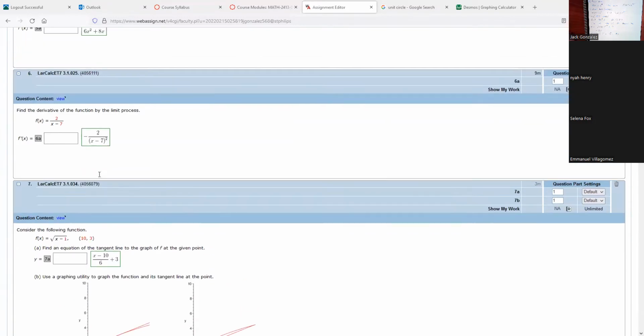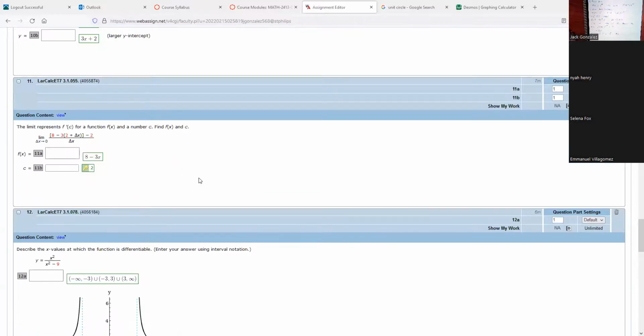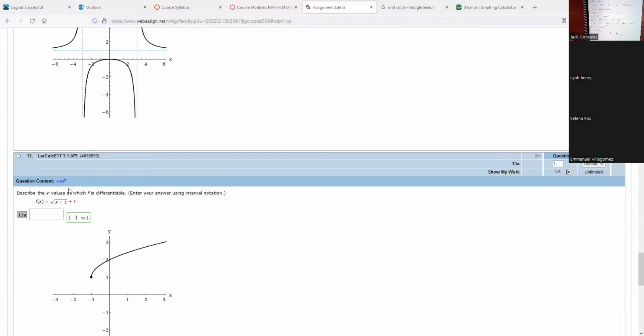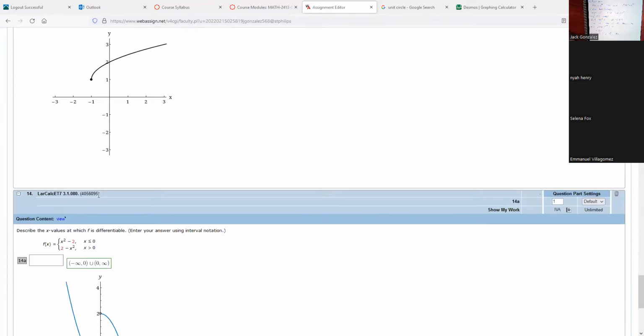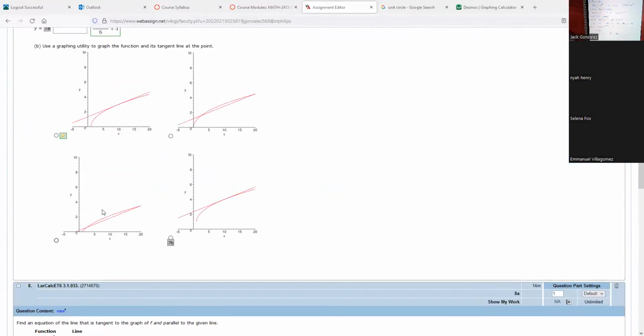So you have to do a limit process here. The rest, it looks like you can. Oh no, there's some more square root stuff. 12, 13, you can't. For the most part, you can though. I'd say about 60%, you can use the shortcut. Section 3.1.